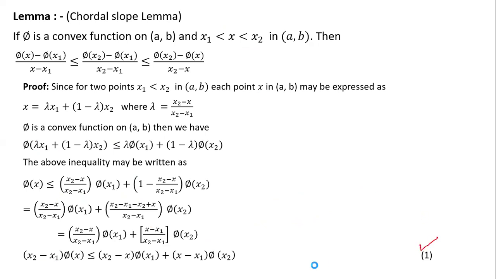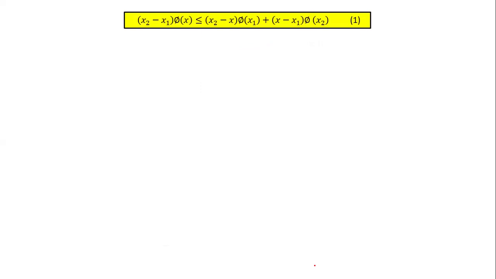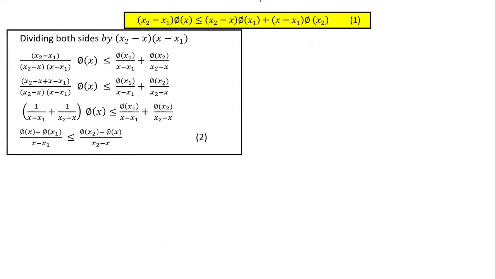Now we will work on this equation. I have written equation number 1 separately. What we have to do, actually, you have 3 numbers: x2 minus x1, x2 minus x, x minus x1. So I will divide the inequality on both sides by x2 minus x and x minus x1. Firstly, because we are dividing in an inequality, we have to take care that every term is positive.